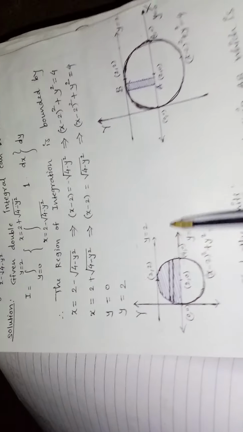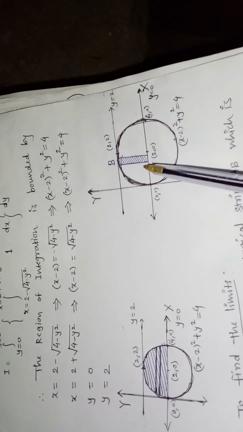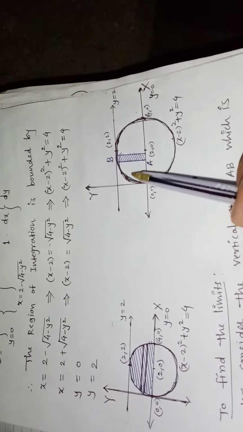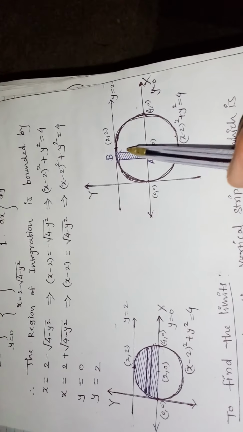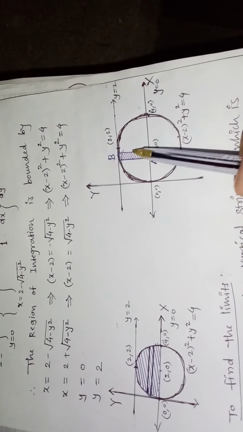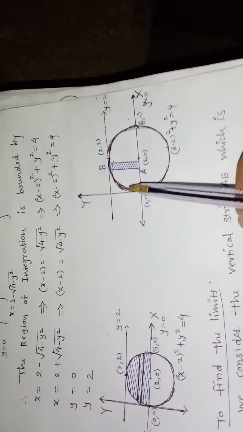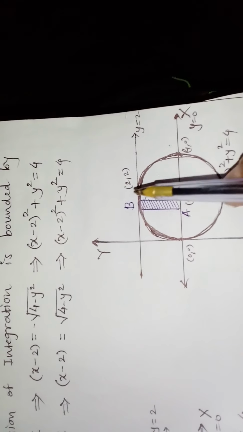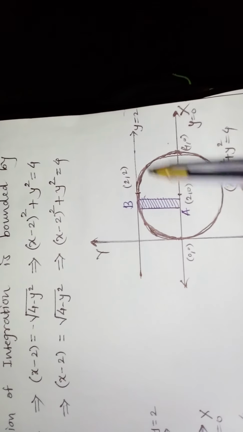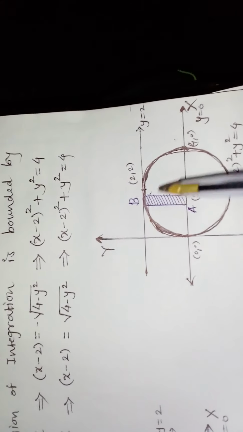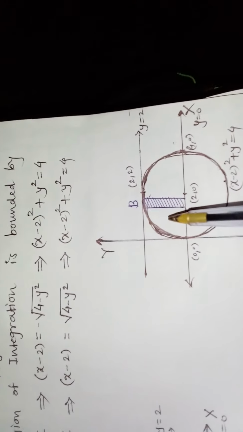So for this I have drawn one more figure. In that, our target is to find the region of integration using the vertical strip which is parallel to the y-axis. Here I have drawn this vertical strip randomly. You can take it anywhere, but the strip should be parallel to the y-axis.